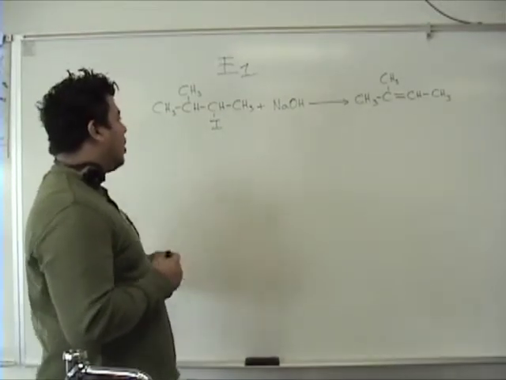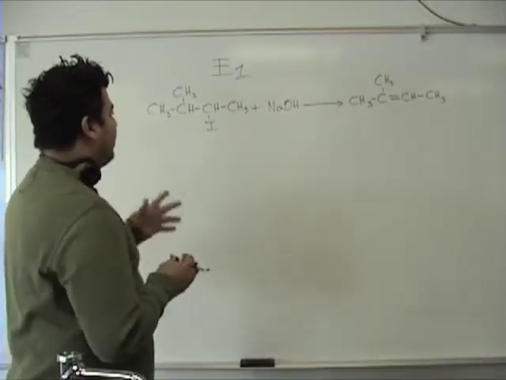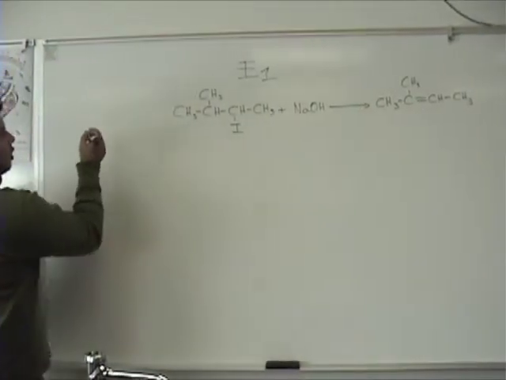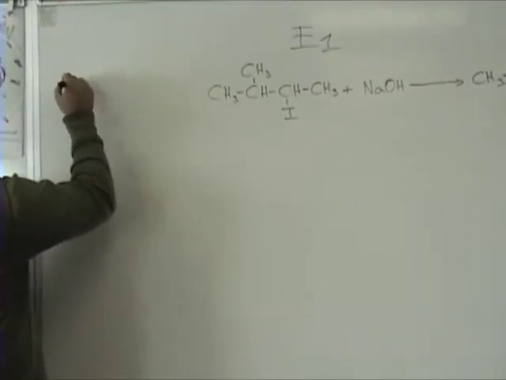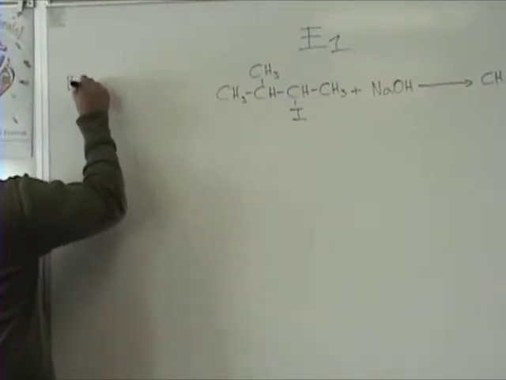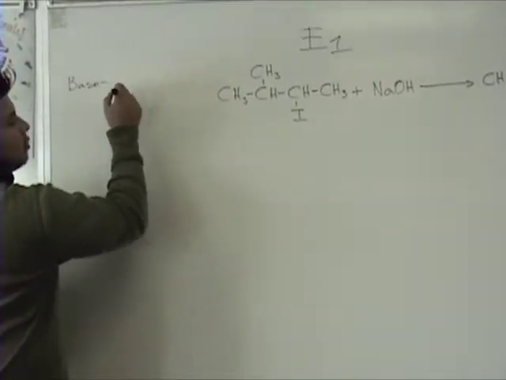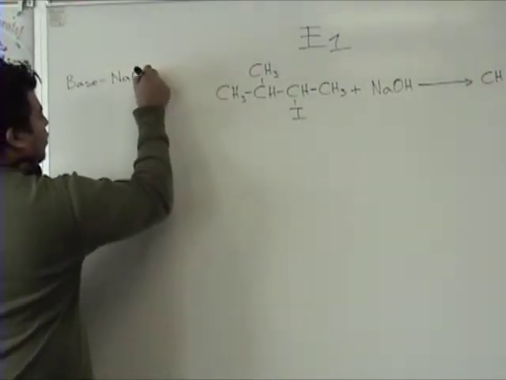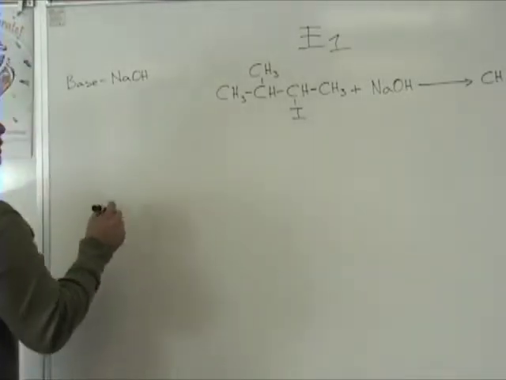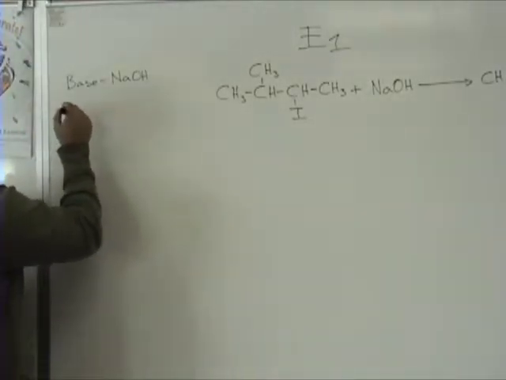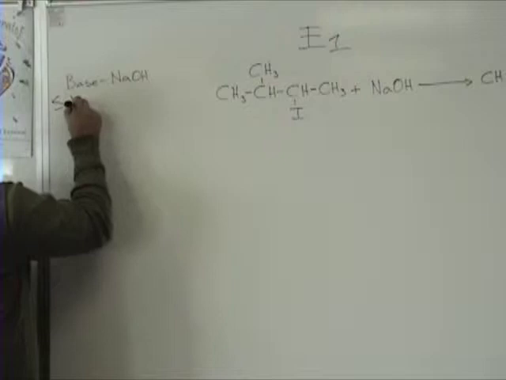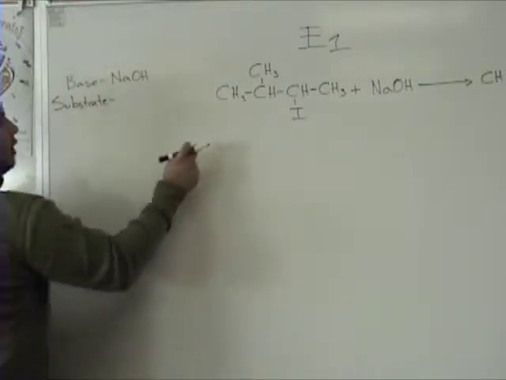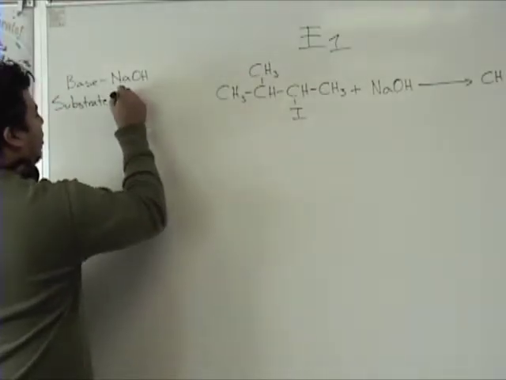Okay, example 41. We have this reaction. So just to name the players again, we have the base, which will be an OH. That's a pretty strong base. We have the substrate that I will say, okay, 1, 2 CH3s.